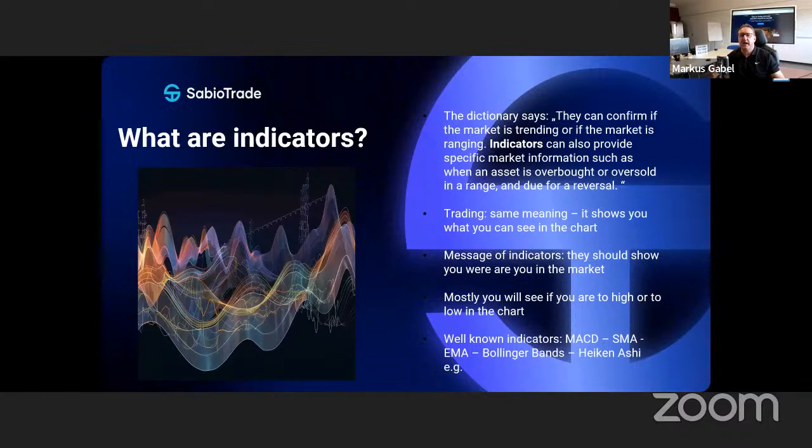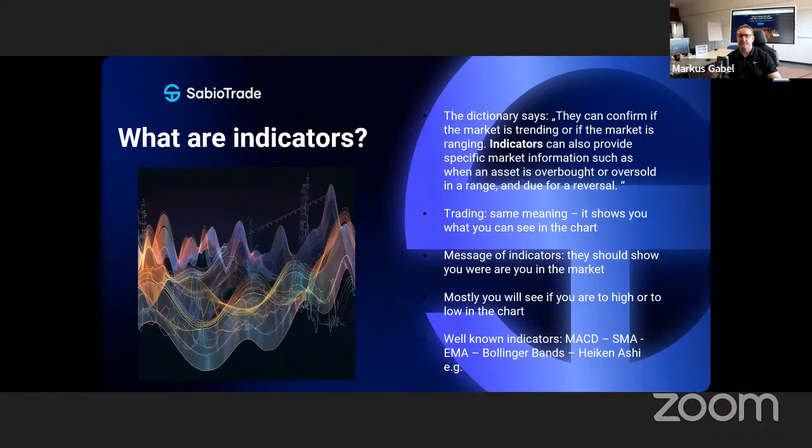Such indicators are MACD, moving average convergence divergence, smooth moving averages, or exponential moving averages. We have Bollinger Bands, we have Heikin-Ashi, and many, many other things.